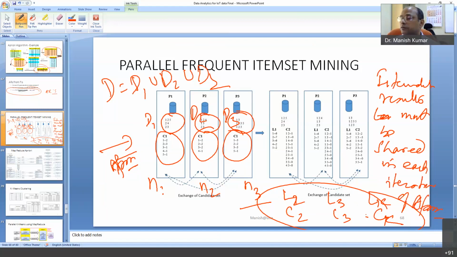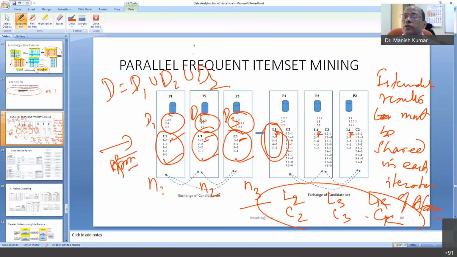The reason is simple: we have generated C1, C1, C1. Once you generate L1, this is 2 plus 2 plus 3 is 7. Sorry, some mistakes were there. What you generate, L1, is an aggregation of all three segments.